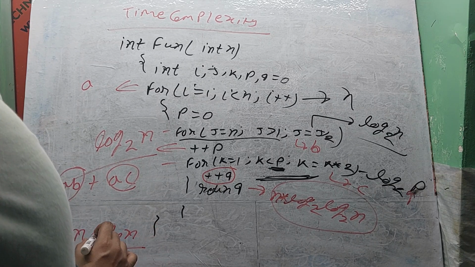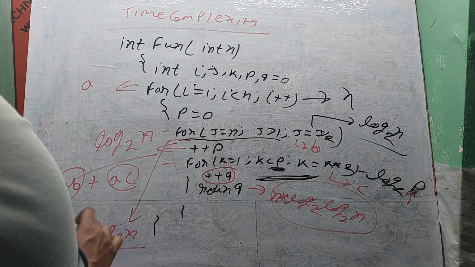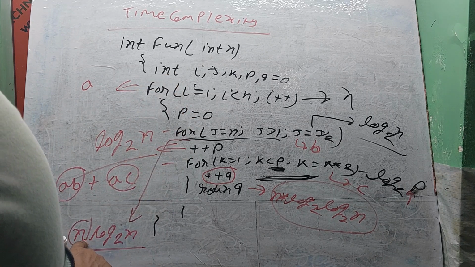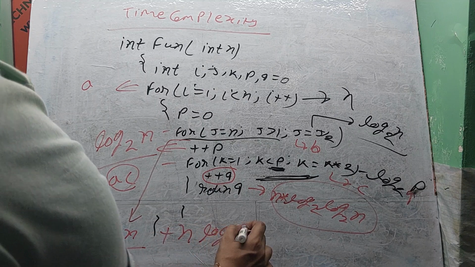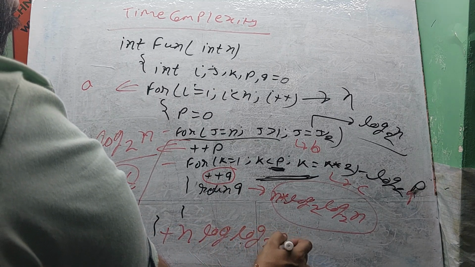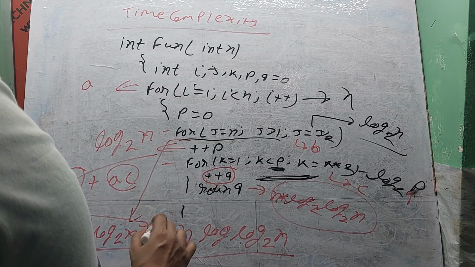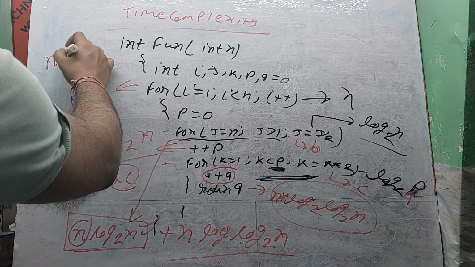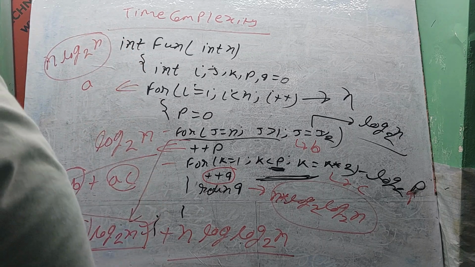This is for this for loop, and for the correlated for loop, this for loop is executed n time plus n log n base 2. Clearly this is the highest, so the time complexity of this algorithm will be n log n base 2.